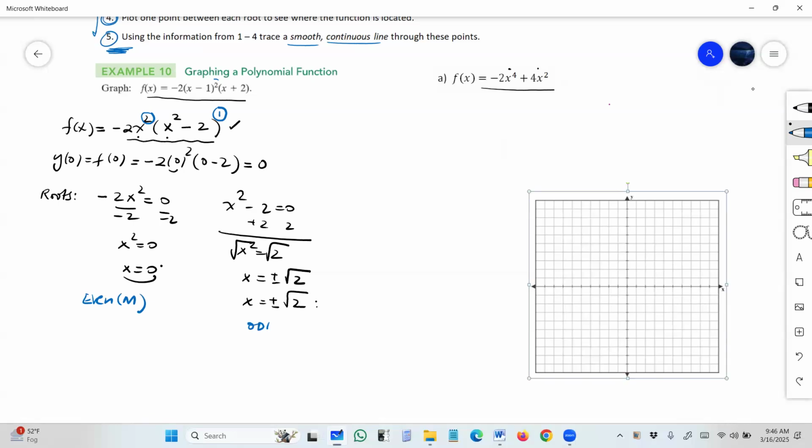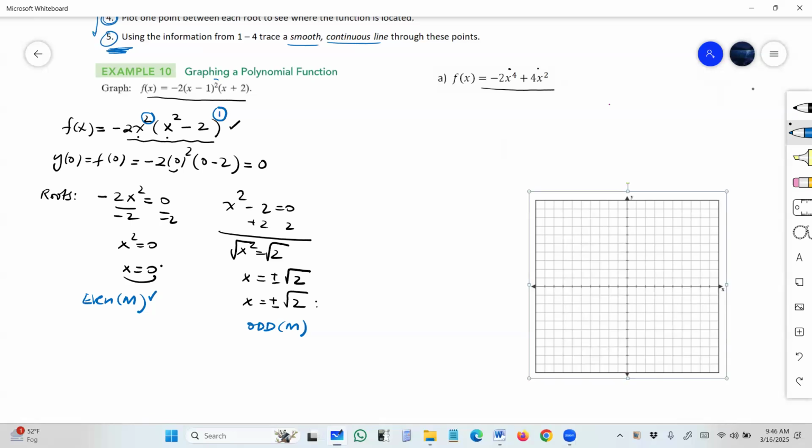So this is, again, an odd multiplicity. All right. So at 0, the graph is going to bounce. At plus or minus square root of 2, the graph is going to cross.